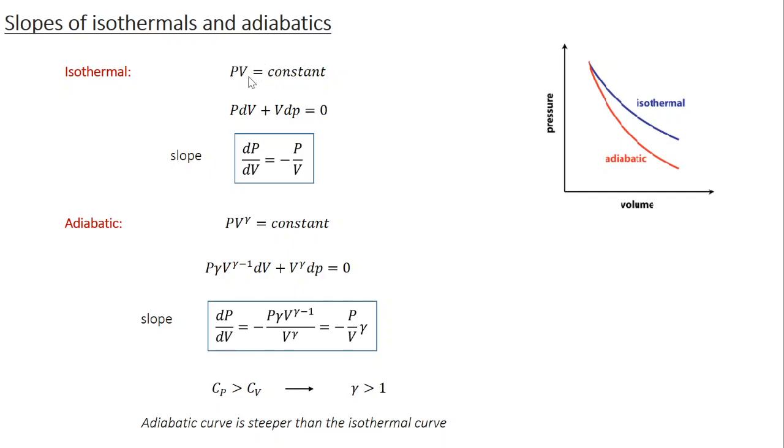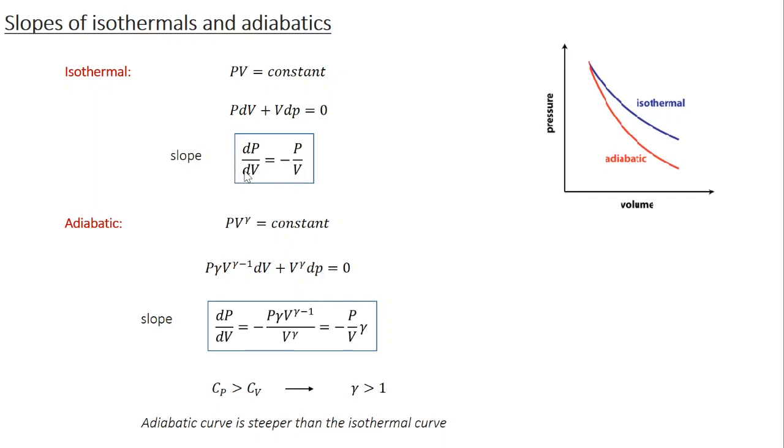You take the derivative of this equation, so you need to apply the product rule: first function into derivative of second function plus second function into derivative of first function. So P dV plus V dP equals the derivative of a constant, which is 0. Now I can take the second term to the right hand side, P dV equal to minus V dP, or dP by dV equal to minus P divided by V.